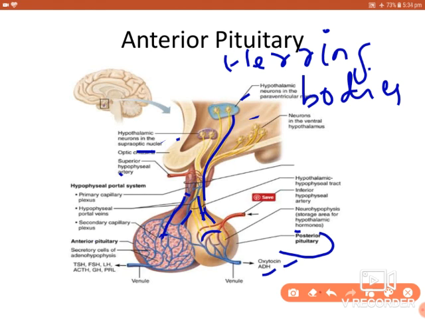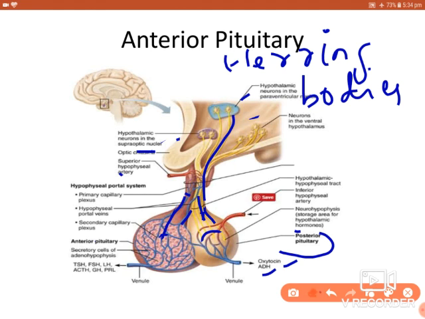Vasopressin conserves water and reduces urine and sweating, and also causes constriction of blood vessels and increases BP, acting on the kidneys. Oxytocin acts on the uterus, causing its contraction, so it can be used to induce labor. It also causes contraction of the myoepithelial cells in the acini of the mammary gland, which helps the ejection of milk.